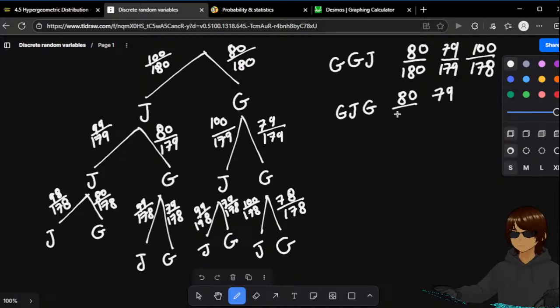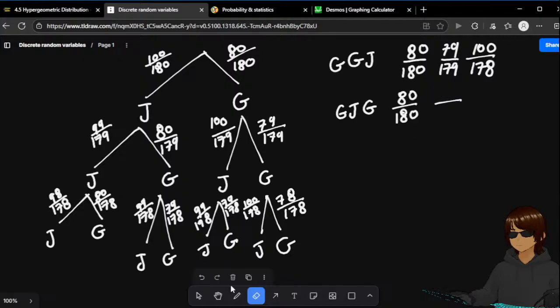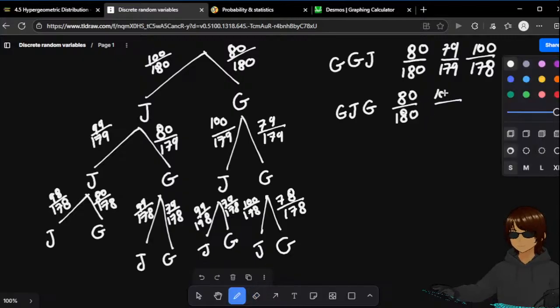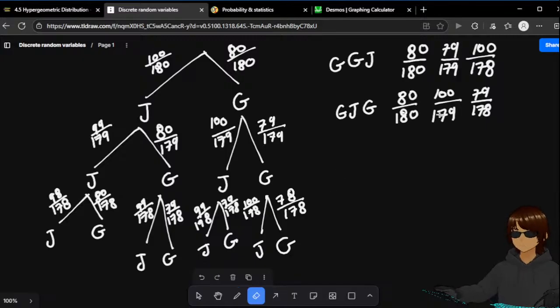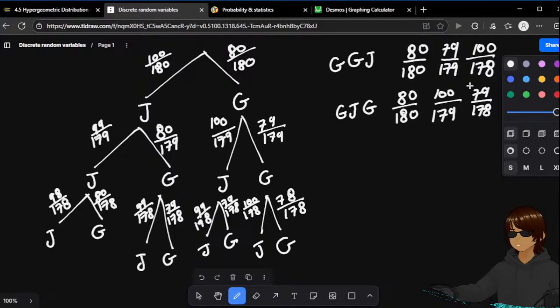So 80 will then turn to 79: 80, 100, 79. And then, okay, there is a pattern I'm seeing: the denominator decreases by 1, and the numerator in all of the cases remains the same.